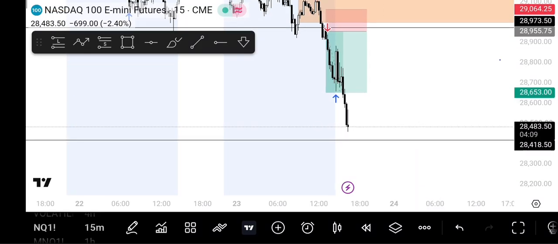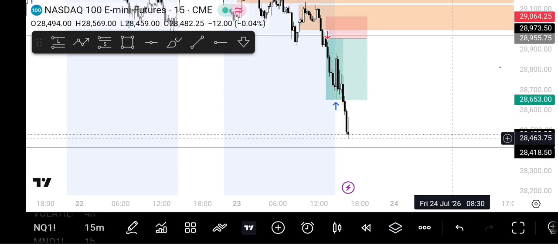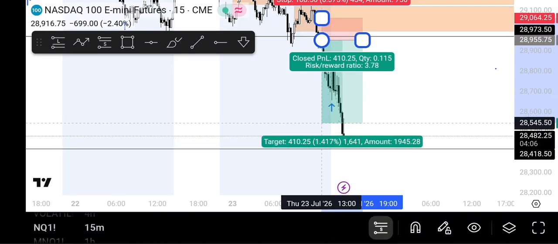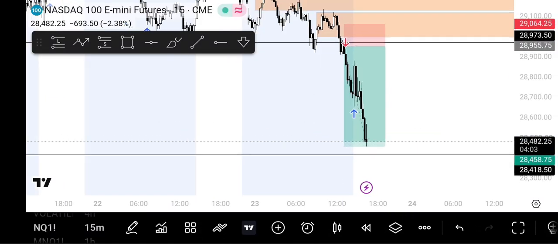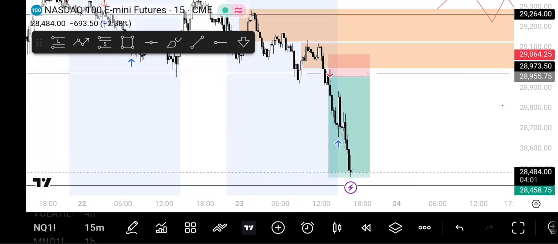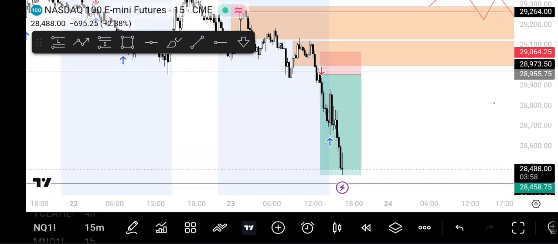So you can literally see. So what I do is I target the next level, but just like that, I close the trade. I use candlesticks for my entry and exit, because candlesticks are the language of the market.